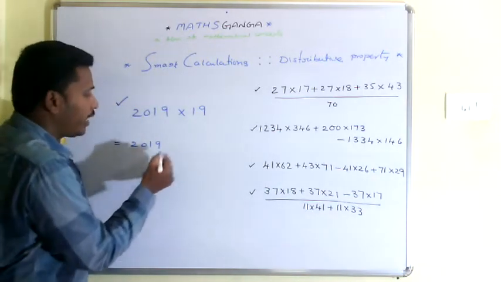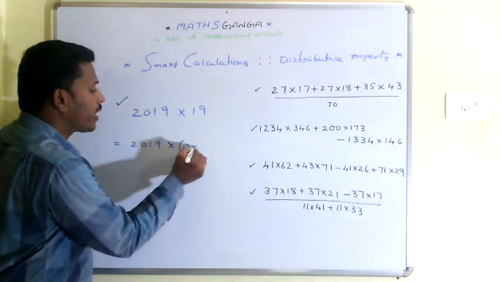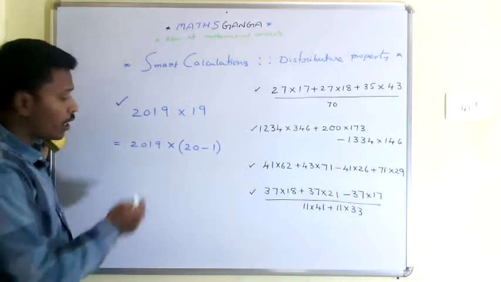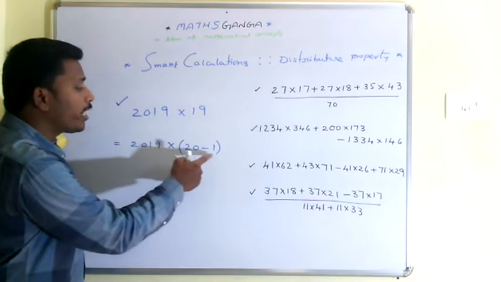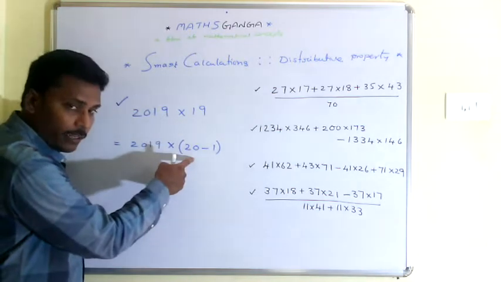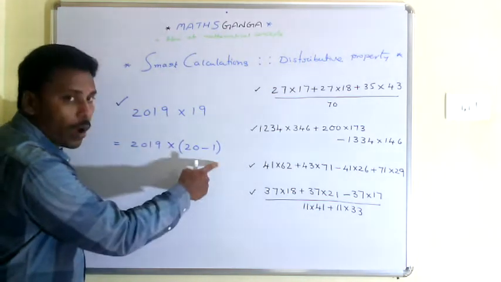This is 2019, and I will express this 19 as 20 minus 1. So 2019 into 20 minus 1.